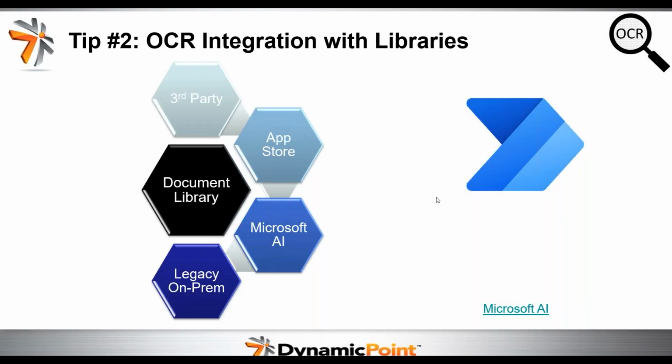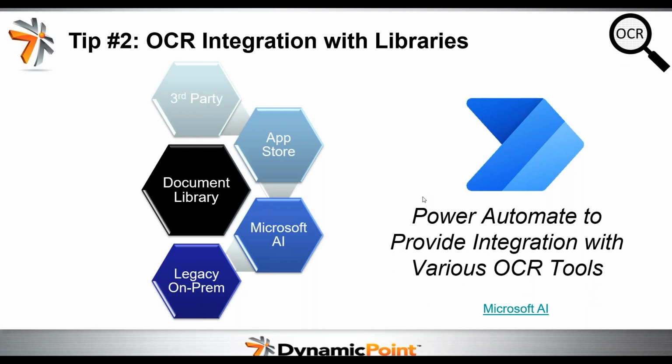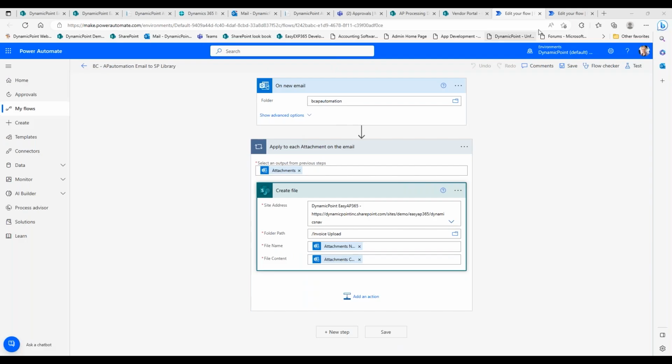Right, so our next tip is by using this repository, this document library, I can now use a myriad of OCR devices or systems, including Microsoft AI, that integrate or can be called from a SharePoint library. So the first step is I obviously got the invoice into the library, but now I want to get data out of it. So let's go ahead and look at that workflow.